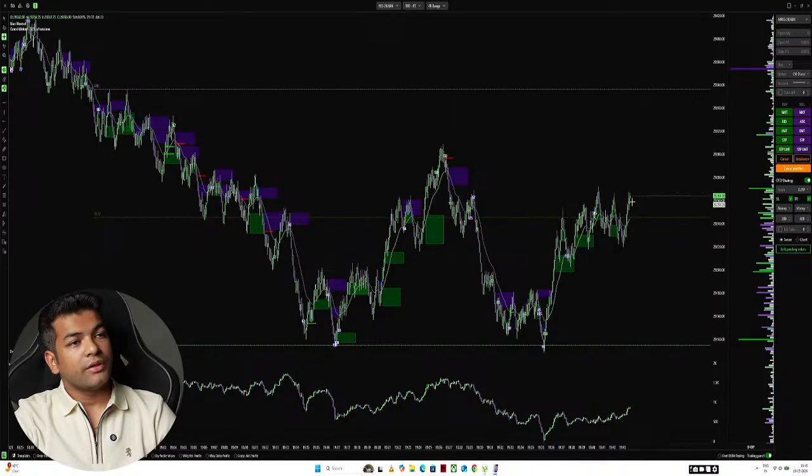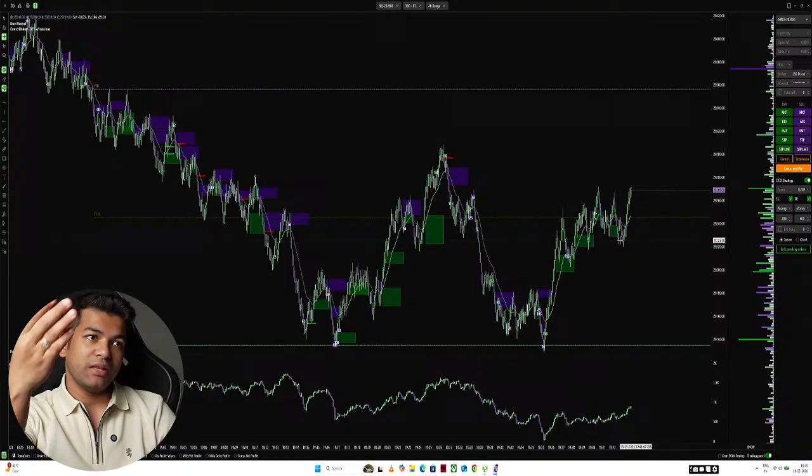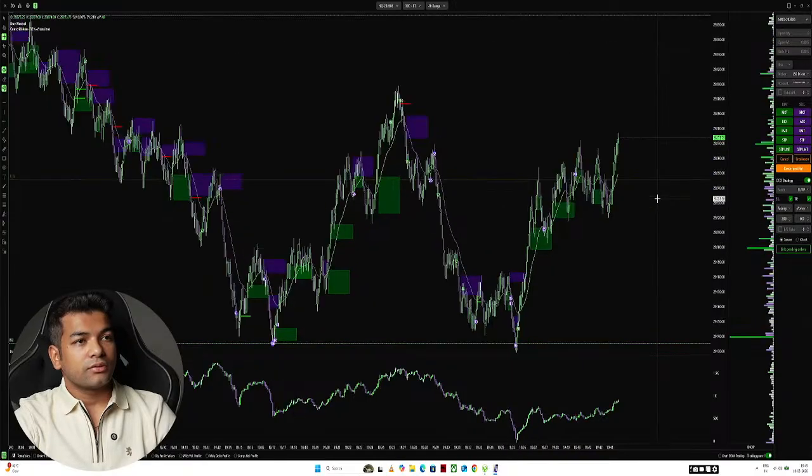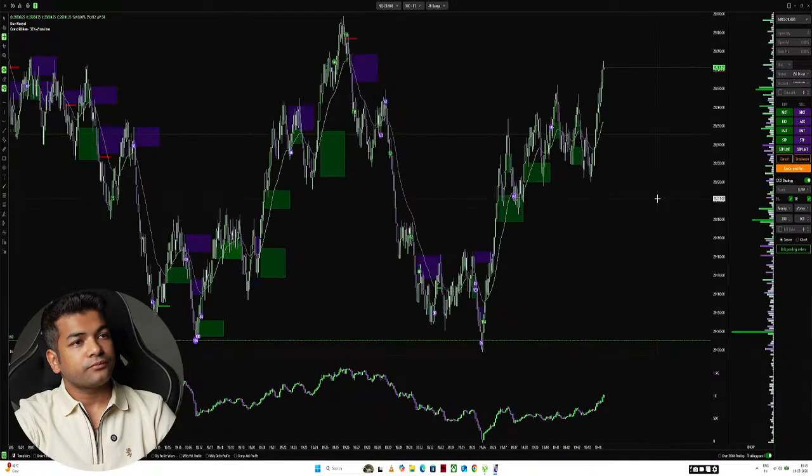In a similar way, at the top we have a huge sell delta also. We have to see how price reacts at that sell delta, whether it breaks out and then snaps back in, or it breaks out and sustains there. So patiently we have to wait for that.